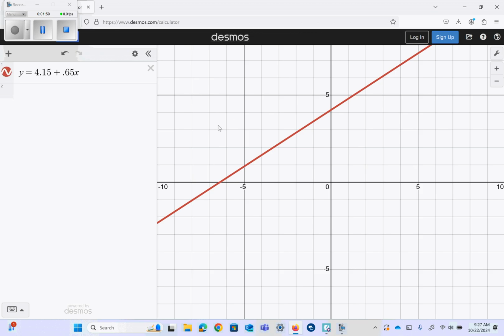So what you want to do is you want to put negative 2, 4 in on a table. So negative 2 and 4. Okay? So the nice thing about this is we could see possibly that it is pretty close to positive 1.